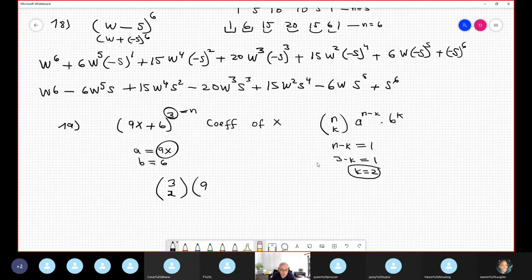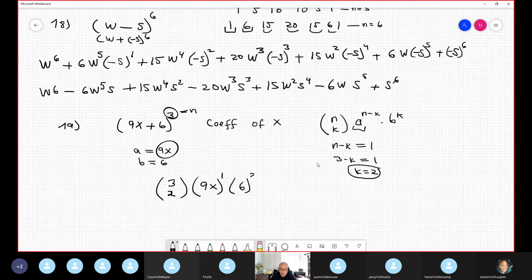So it is 9x, that is a in our example, 9x raised to the 1, it's obvious, no? This was the idea at the beginning, no? 1, and 6, that is b, raised to the second power, because k is 2.